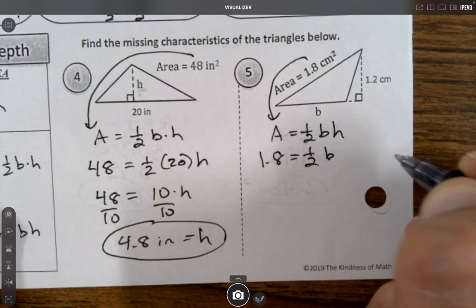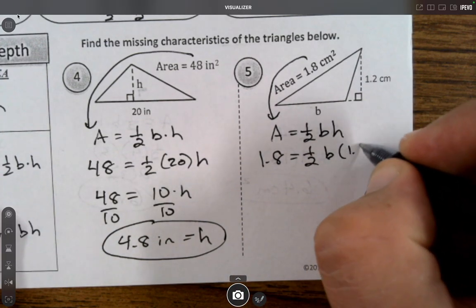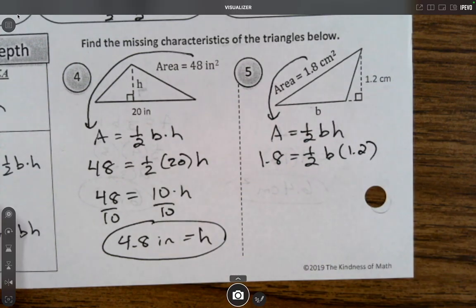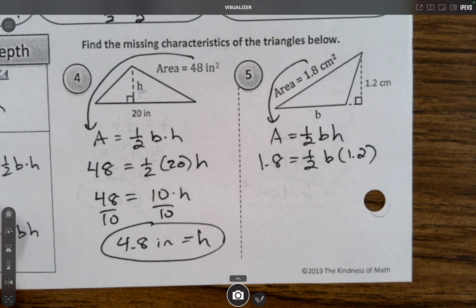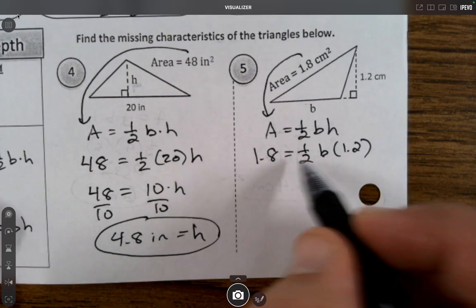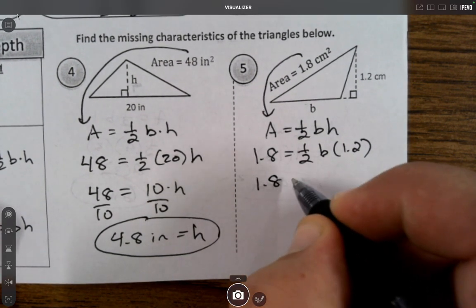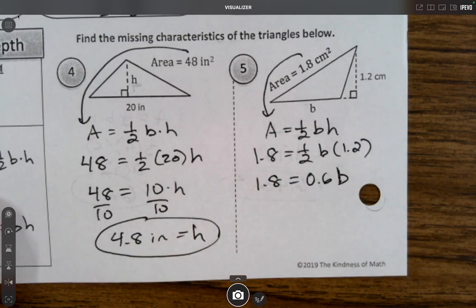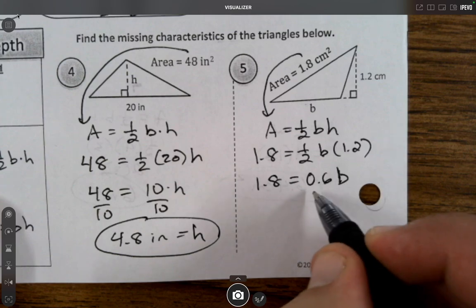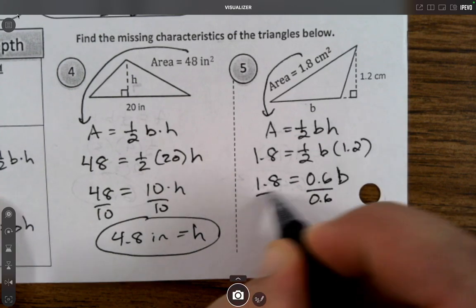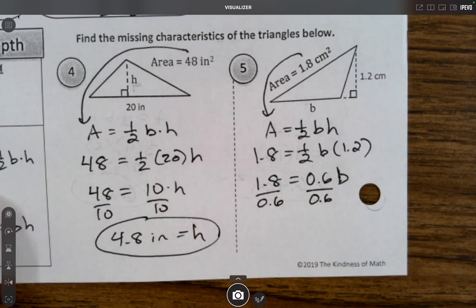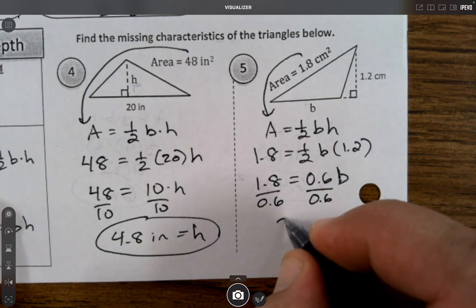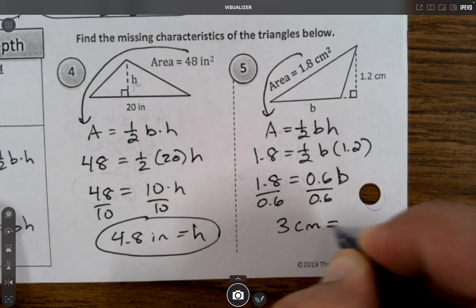Don't know the base, but the height is 1.2. Half of 1.2 is 0.6. And since it's 0.6 times b, I need to divide by 0.6. And I end up with 3 centimeters for the base.